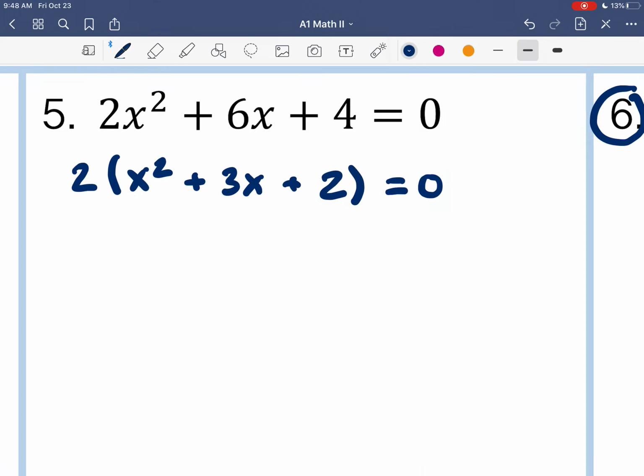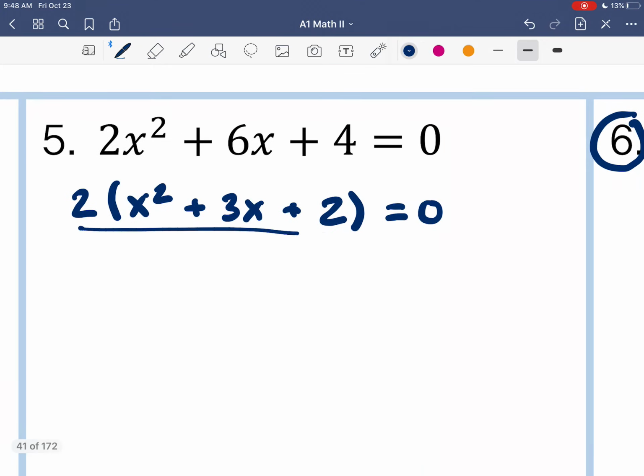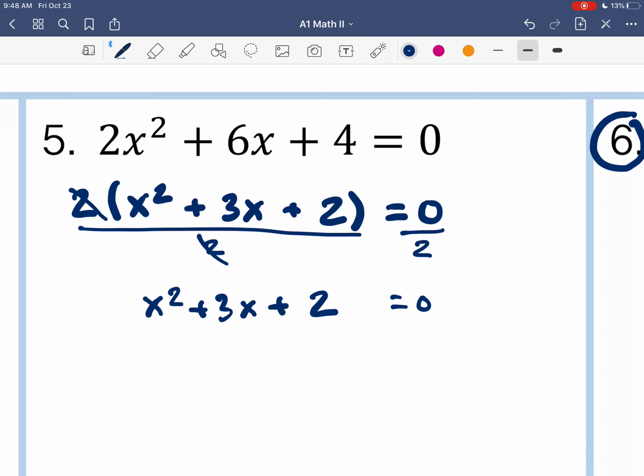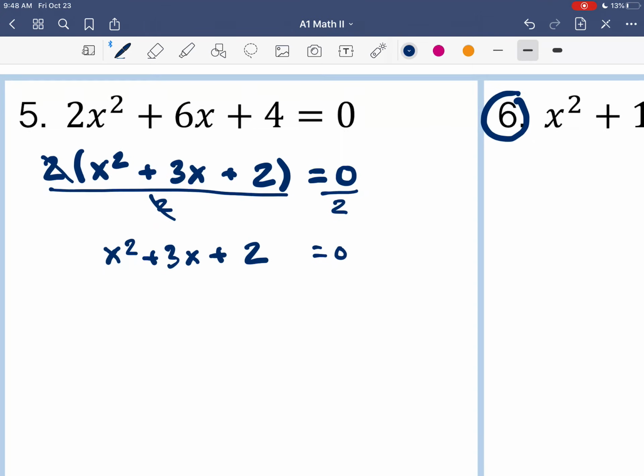And now I want you to notice that if we were to divide both sides by 2, these would cancel, and 0 divided by 2 is just 0. So we end up with something that's very similar to what we've seen so far. X squared plus 3x plus 2 equals 0.